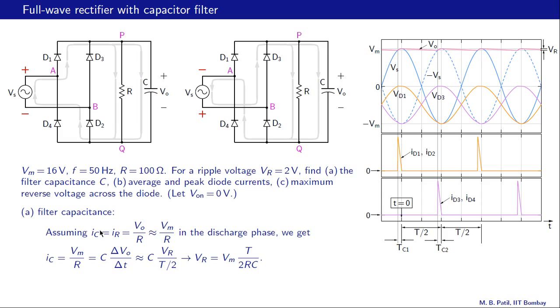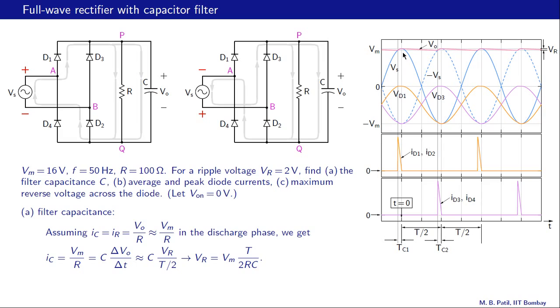In these intervals, the capacitance current is the same as the resistor current in magnitude, so IC is equal to IR, and since VO is nearly constant, we have IC equal to Vm by R. The capacitor current is given by C dV/dt, and since this variation is once again linear, we can replace dV/dt by delta VO by delta T. Delta VO is the same as ripple voltage here, and delta T is the duration of the discharge interval.